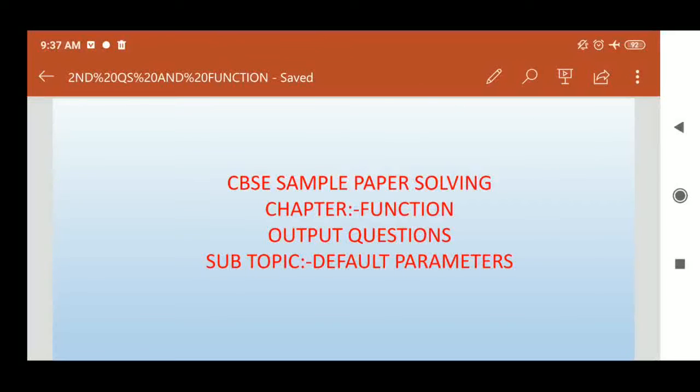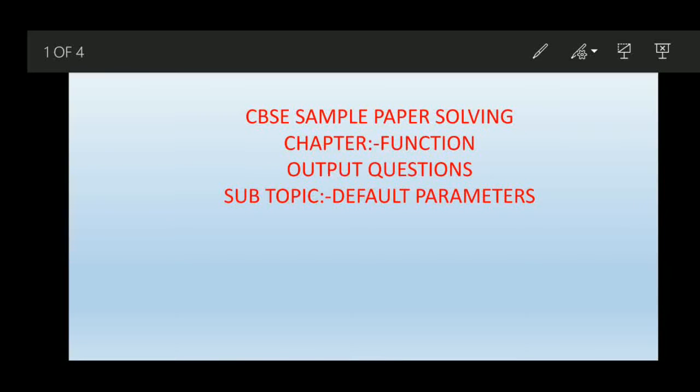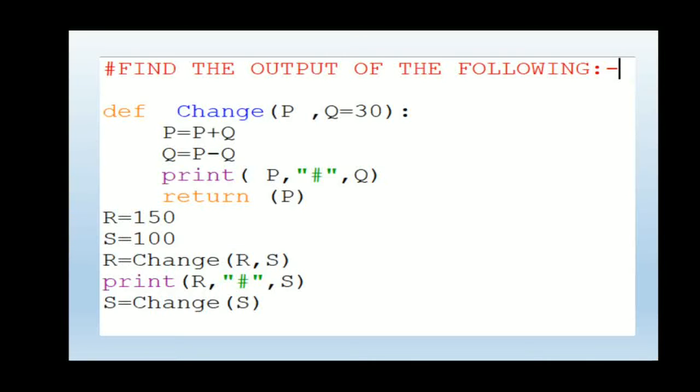It's an output question. All of us know that output questions are very important. So this is the question. Find the output of the following: def change, there is a function change, and inside that first the function is defined, and after that the main function is defined in this program.